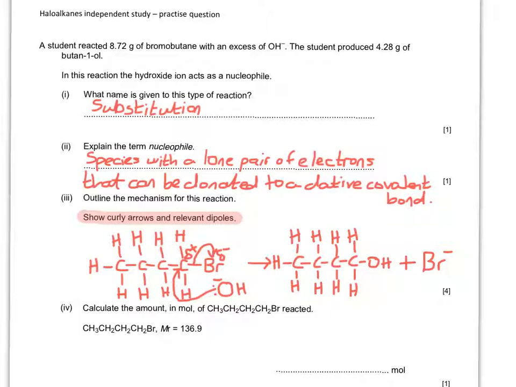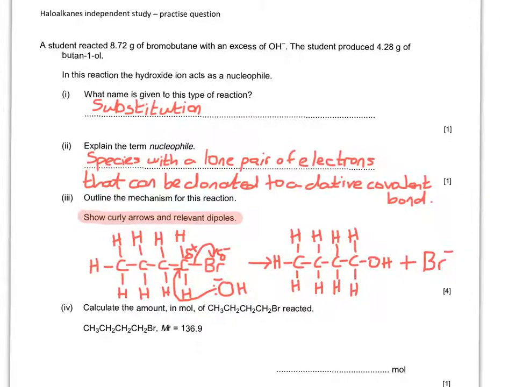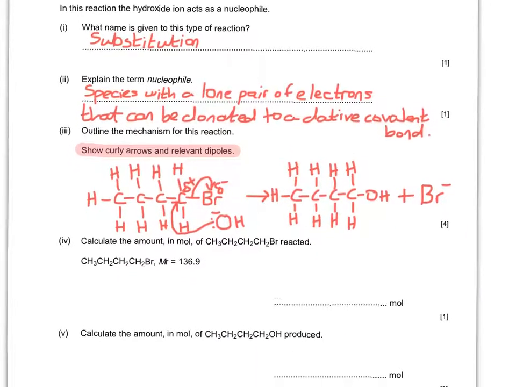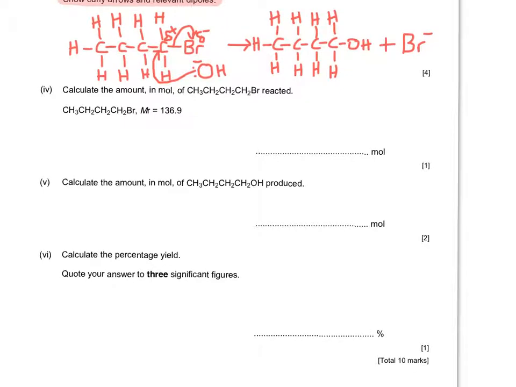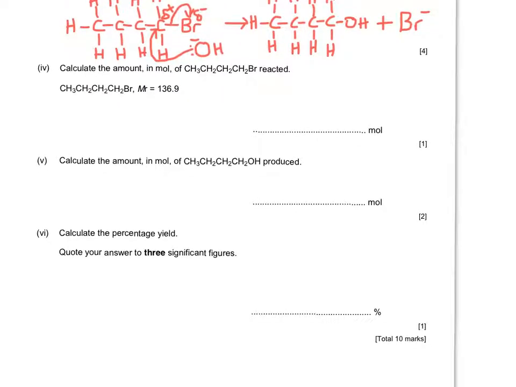So, next thing to do is to go down to part 4. Again, I've got to move the page down slightly in order to do this. So it says calculate the amount in moles of CH3CH2CH2CH2Br reacted. Now to do that, we've got to go back to the beginning of the question and see how much actual bromobutane we have.